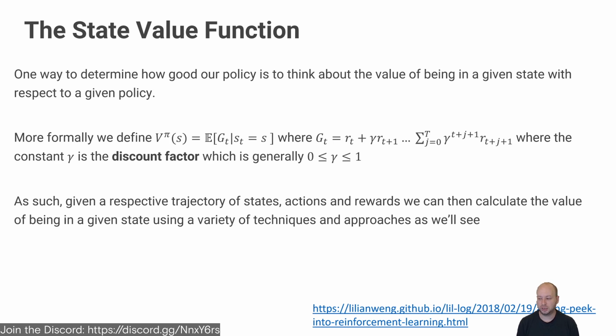In the case shown here, G_t is equal to R_t plus gamma times R_{t+1} and so on, where we take gamma to a higher power for each subsequent reward.